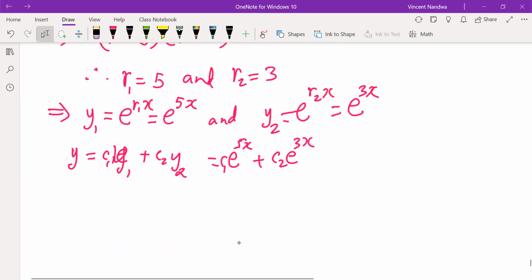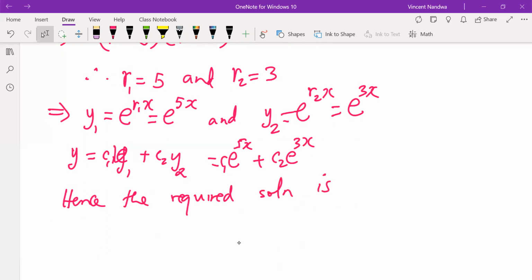Hence, the required solution is y of x is given by c1 e raised power 5x plus c2 e raised power 3x.